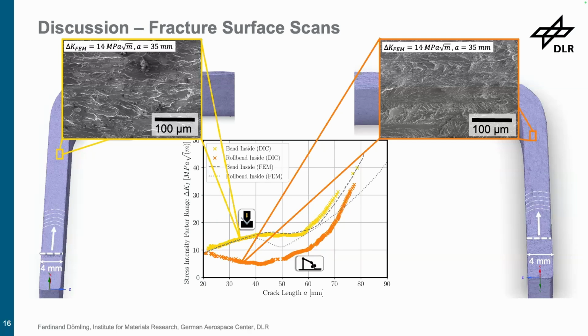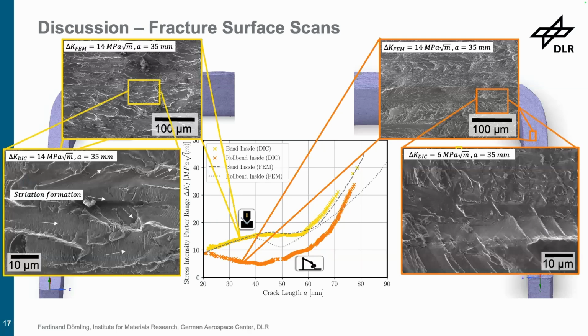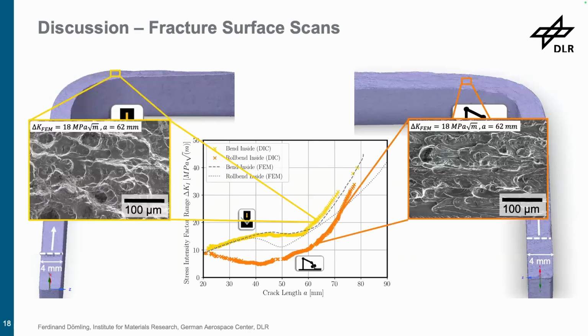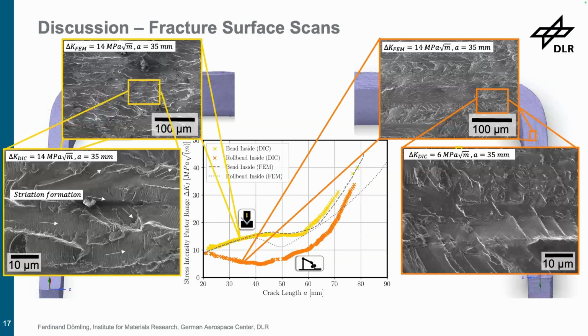We see some kind of tire marks. When we go deeper, we see for this sample, which behaves ideally, striations forming, which is not the case for this roll band sample. We see here the smears. It looks like plastic deformation, maybe like a K3 portion in the loading.